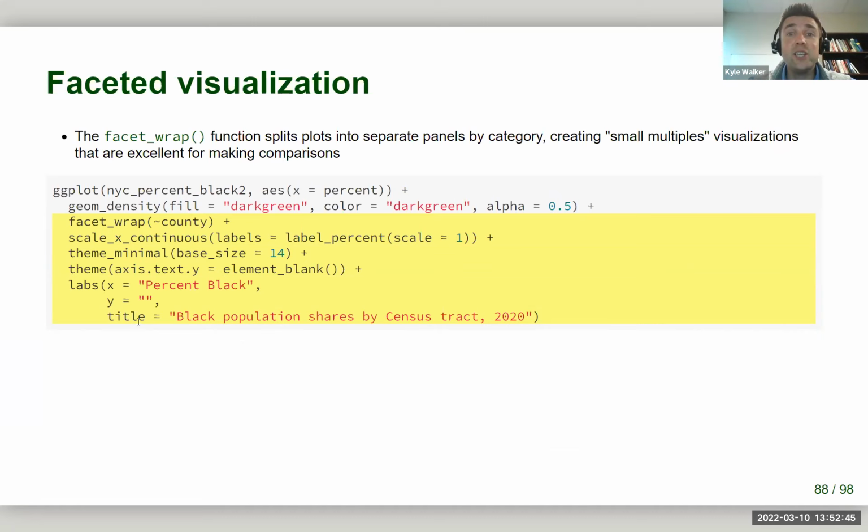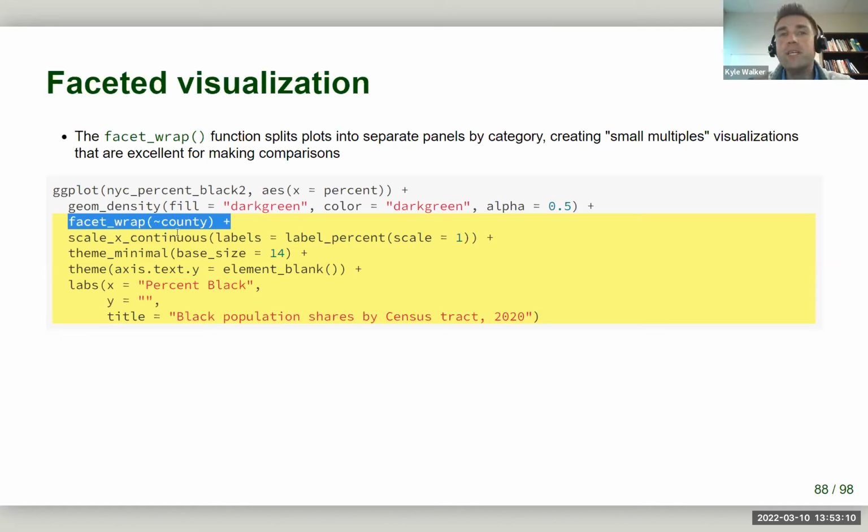You basically use the same ggplot code, but you add one line here called facet_wrap. And you use the tilde here, which is formula notation in R. It basically says, facet my plot by unique values in the county column.